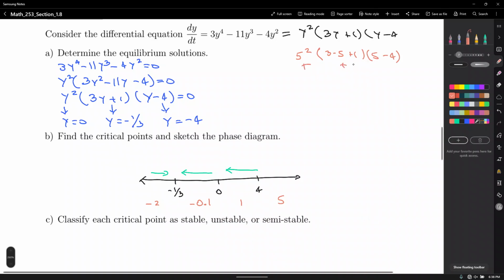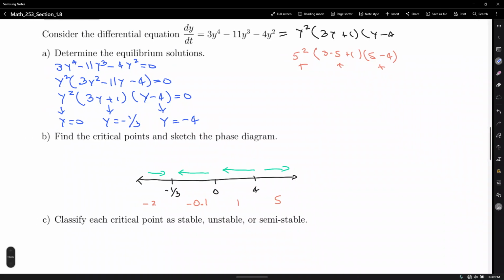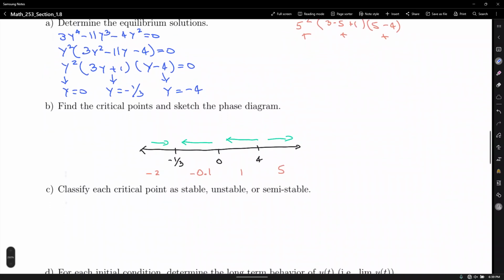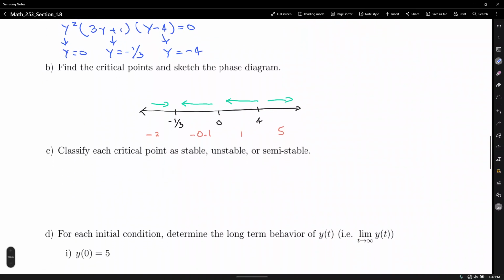Positive times another positive times another positive. Everything is positive here, so we have an arrow pointing towards the right. So that's the phase diagram of the differential equation. We're going to look at the slope field shortly so we can get an idea and actually verify our work.